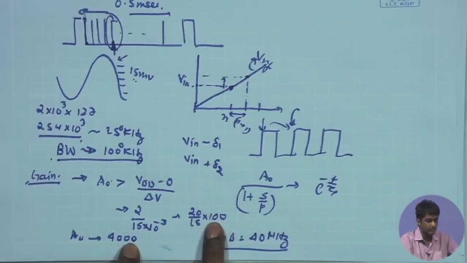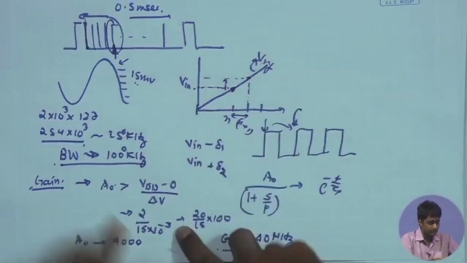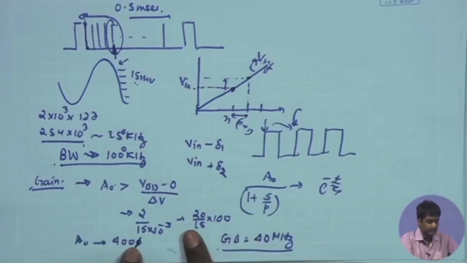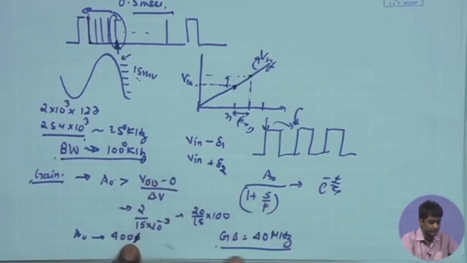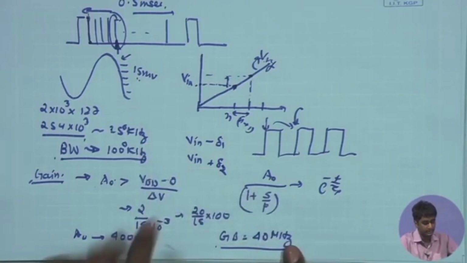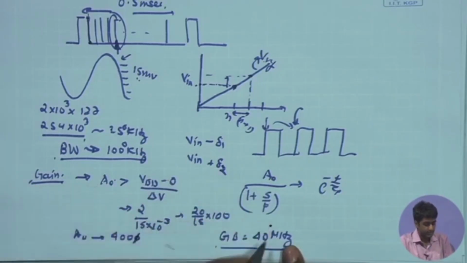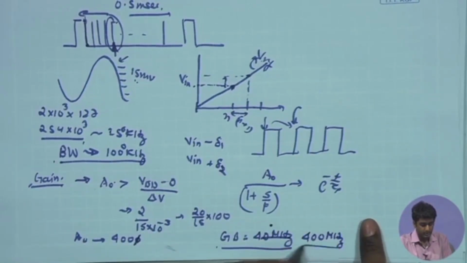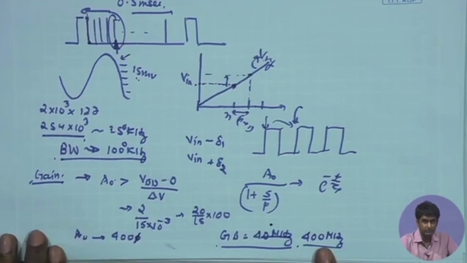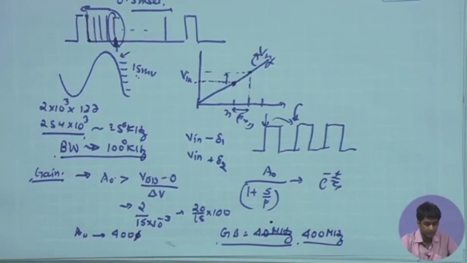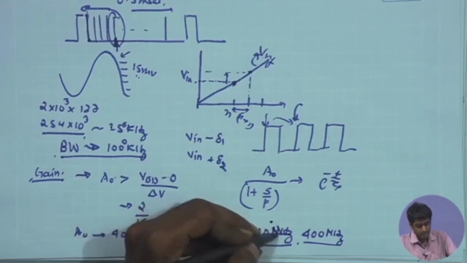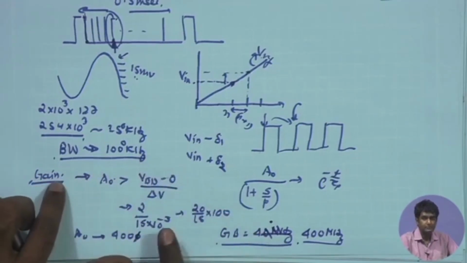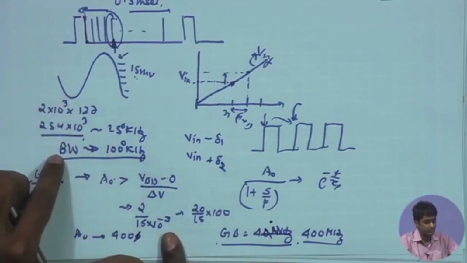So if I look at the gain, I have taken it as 400. So the gain bandwidth product, rather than 40, is 400 megahertz. So I have the gain bandwidth product given by 400 megahertz, which can be definitely challenging enough. So I was basically sticking to the earlier bandwidth.